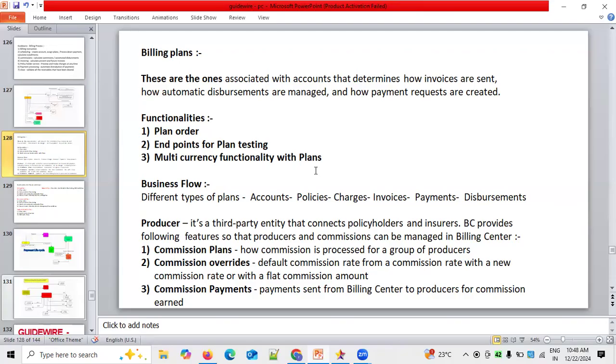Because against the premium a customer has paid, commission will be given to the producers. So commission payments are the payments sent from billing center to producers.